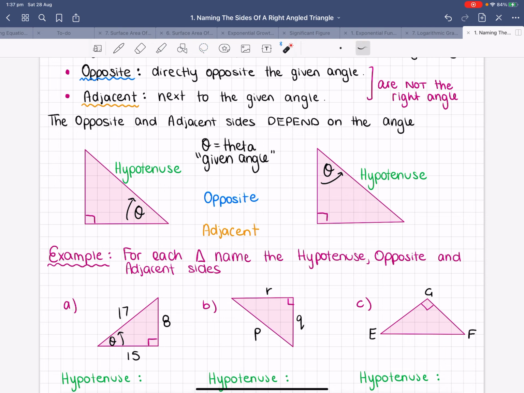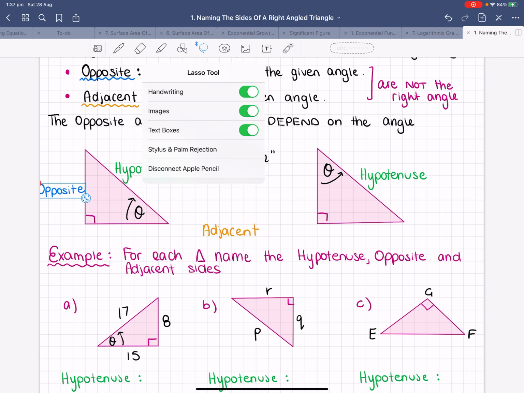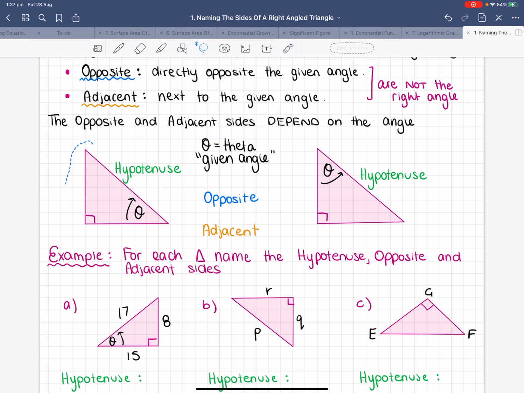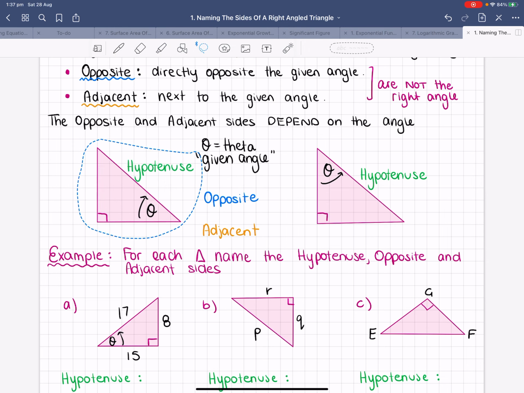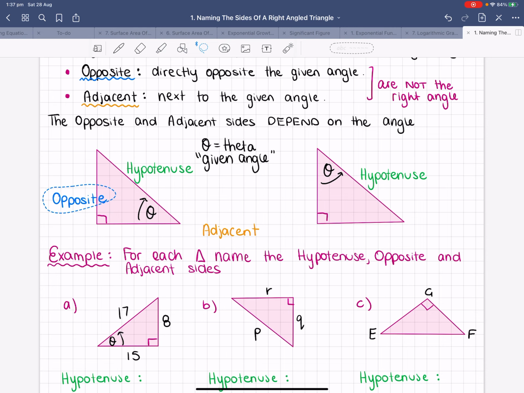So if we're talking about this triangle here, there's our angle, right? That's our angle we're talking about. So the opposite side is literally the one directly opposite. I hate that it doesn't fit. I will fix that.